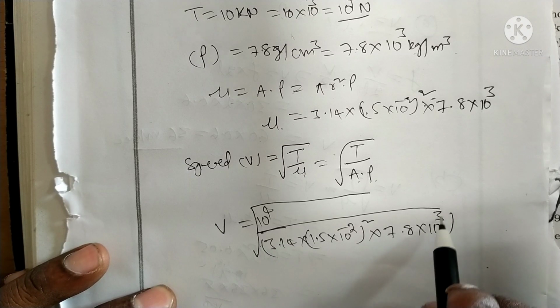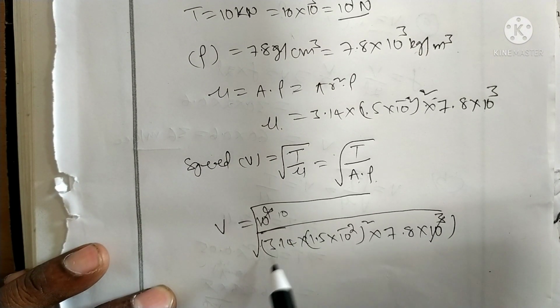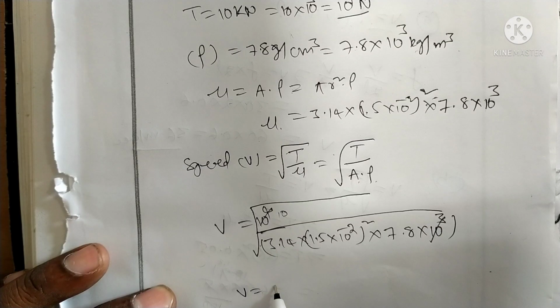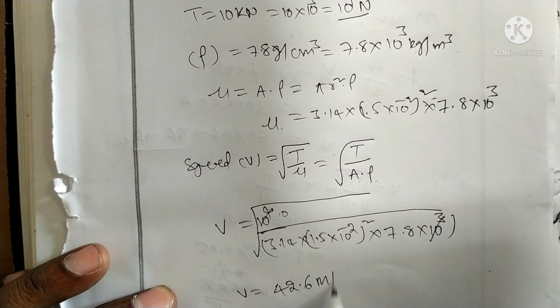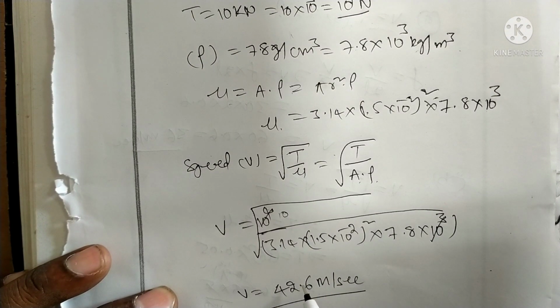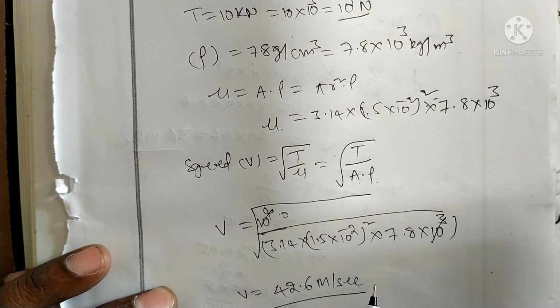After that, 10 cube is remaining. After simplifying, the speed of the transverse wave in the string is 42.6 meter per second. This is the speed of the transverse progressive wave.